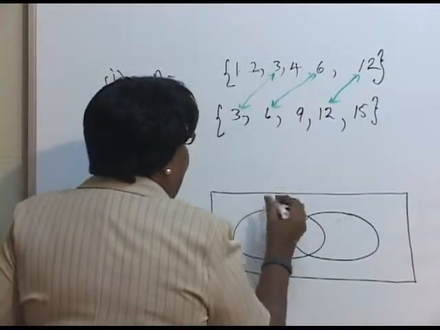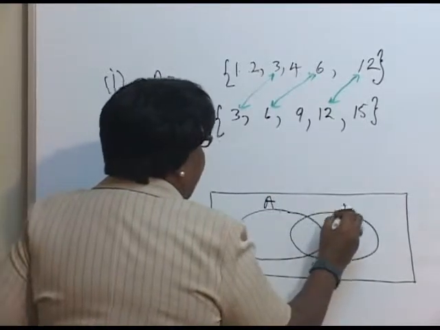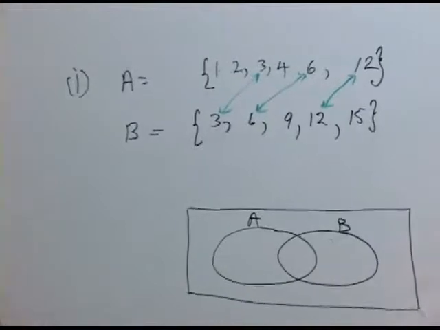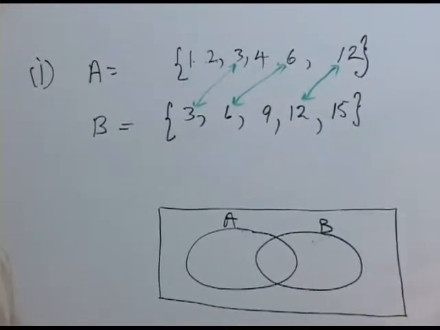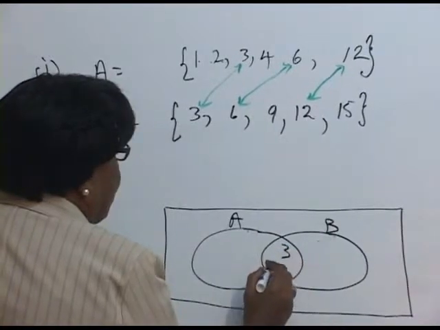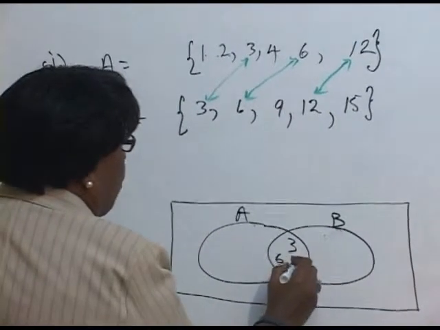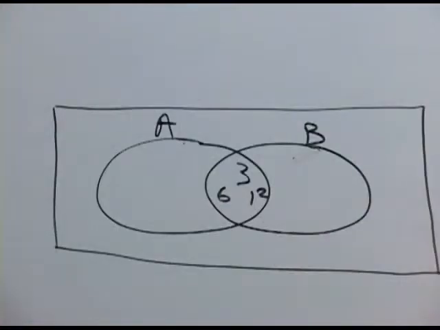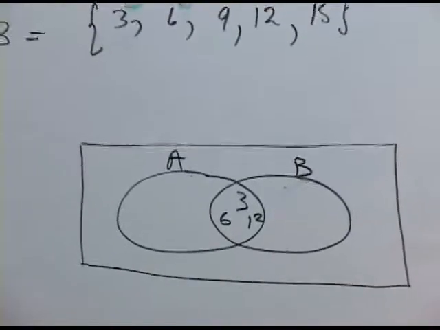So if we have A and we have B, and we have common elements, we write them once. So we have 3, 6, and 12. Then we go back to set A and ask, what are the other members of A?